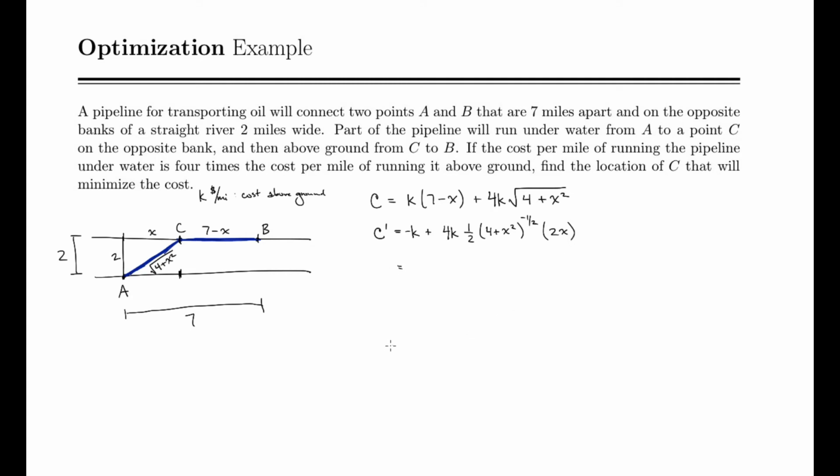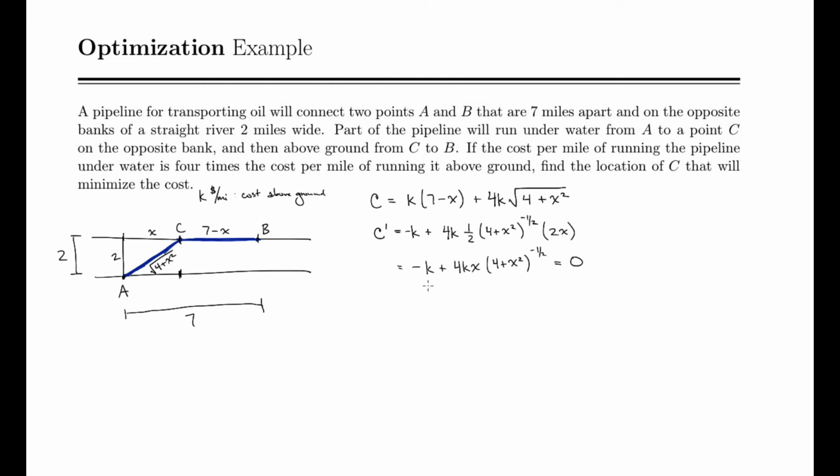All right, so we can simplify this. We have a negative K plus 4Kx. Notice the 1/2 and the 2 will cancel. So we have the x, and then 4 plus x squared to the negative 1/2, and we'd like this to equal 0.